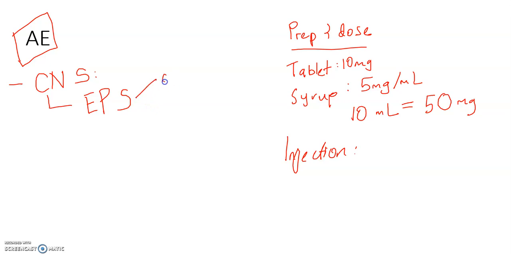For example, we have acute dystonia, where someone's neck might be turned in one way, in a strange posture. This can be treated by stopping the drug and also giving procyclidine.